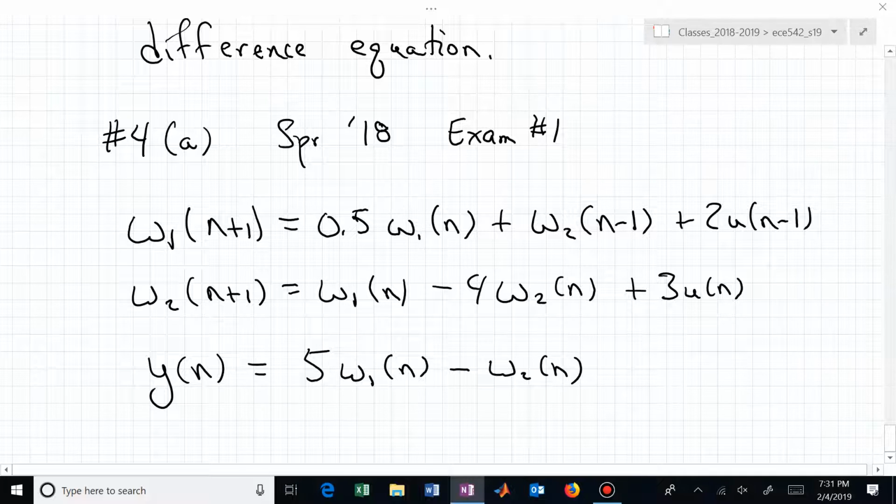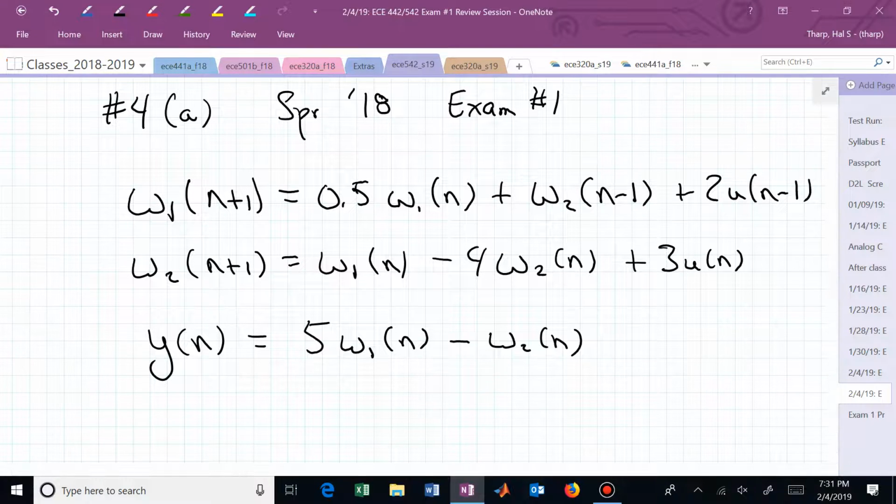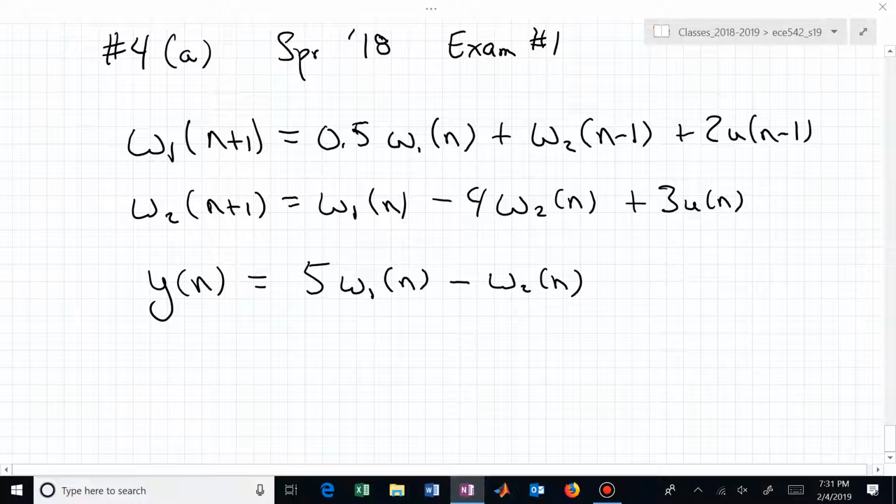So this is not just a difference equation relating an input to a variable y. This is now an interrelated collection of coupled difference equations. And now it's like, okay, now what do I do? How do I approach this? One way that I might suggest is to do this by what I will call nesting delay blocks.